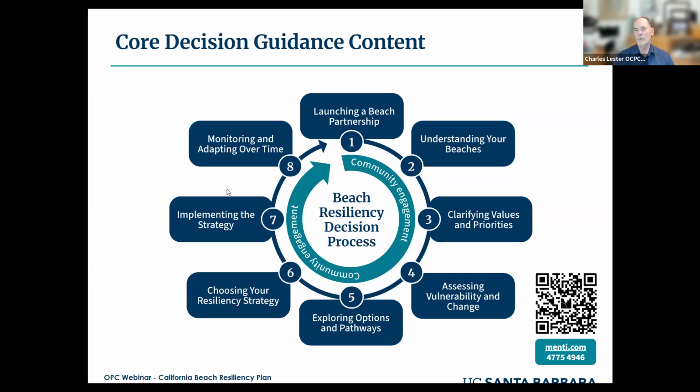And one thing to say at the outset is this is a conceptual framework, so a cycle of eight functional decision questions that we need to address to think about beach resiliency. But we also recognize that communities and people and organizations are at different places in this. And of course, we all know we've been thinking about beaches and access and recreation and ecology for like 50 years. So this is not new.